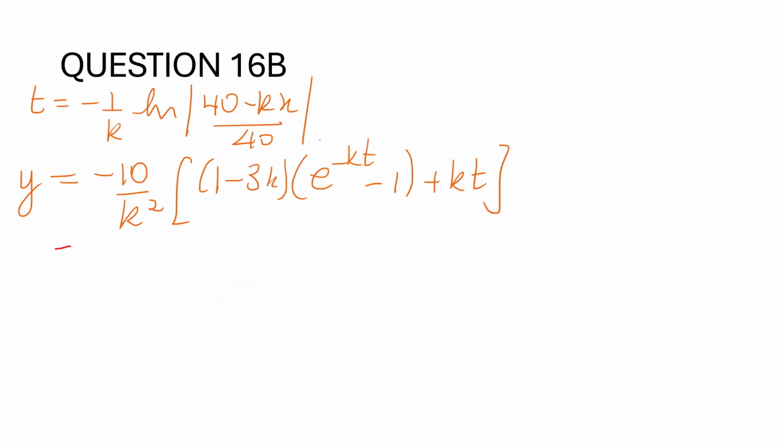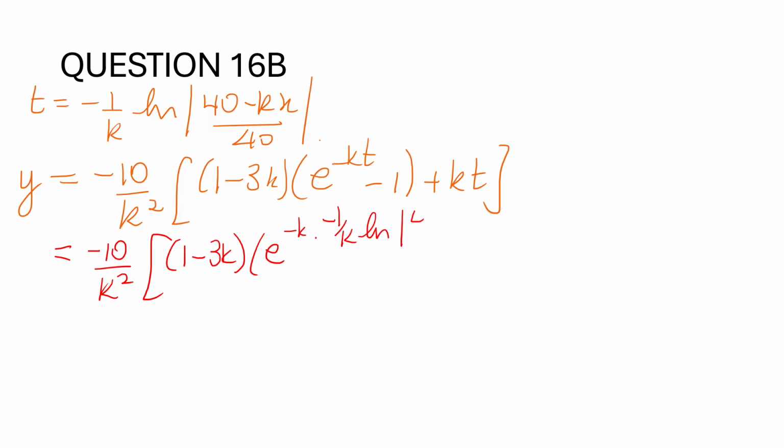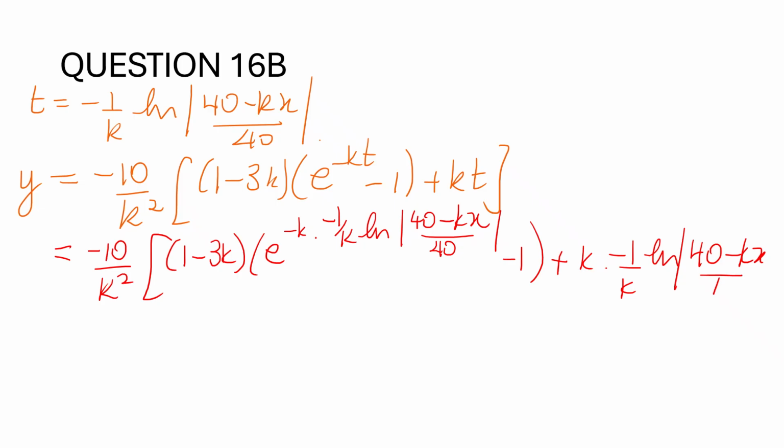Substituting in, we get negative 10 on k squared, 1 minus 3k e to the negative k times negative 1 on k ln 40 minus kx on 40, minus 1 plus k times negative 1 on k ln 40 minus kx on 40, equals negative 10 on k squared, 1 minus 3k.